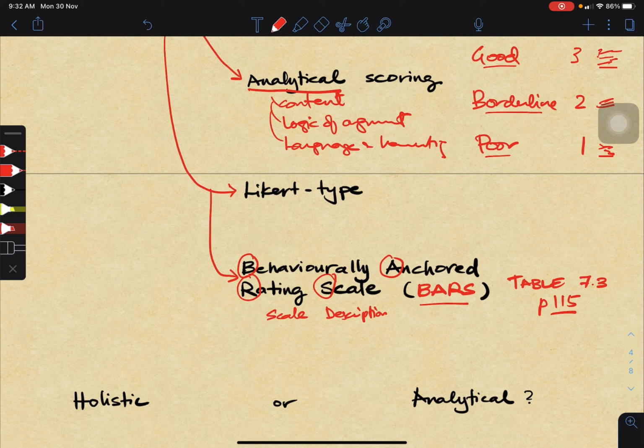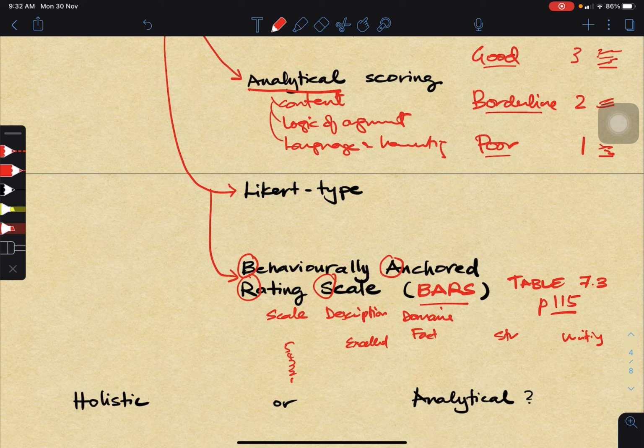Now you have the domains. In the example, it says the factual accuracy, the structural relationships, and the writing. It happens to be an anatomy question, for example. For the scale, you have 5, 4, 3, 2, 1. Description 5 is excellent.